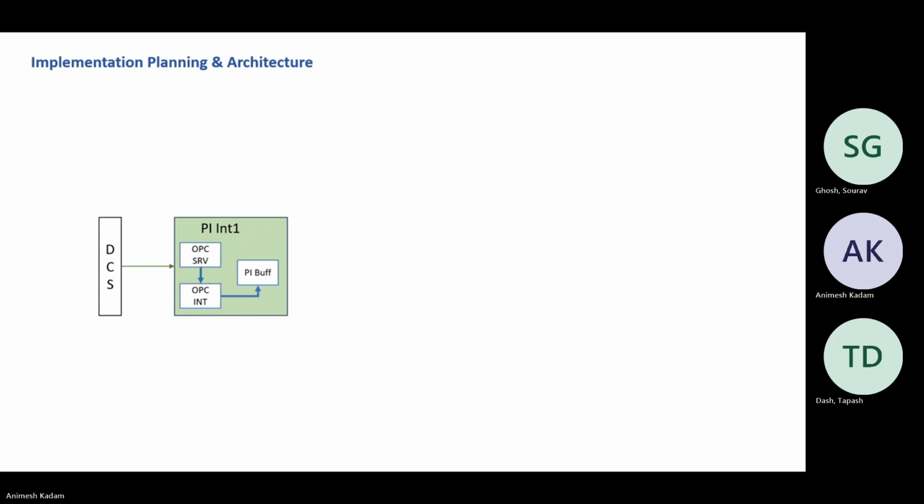So if there are multiple OPC servers, you just need to do the same DCOM setting on all those OPC servers. What is meant by the same DCOM setting? There is a defined user, so you need to give access to that user on all those OPC servers.